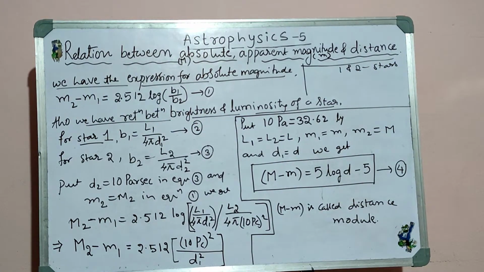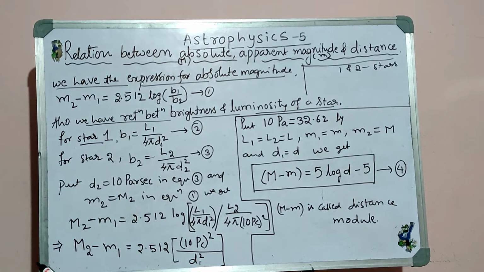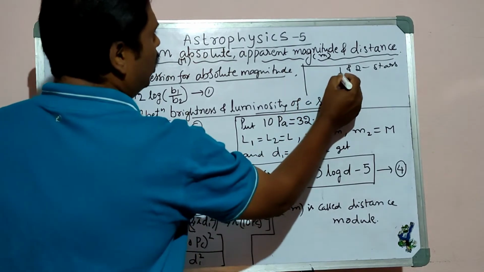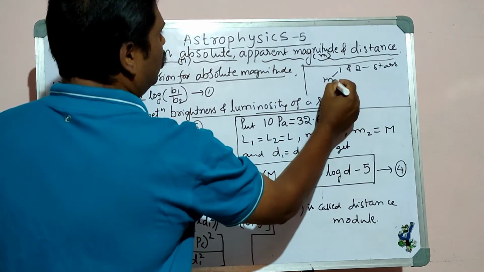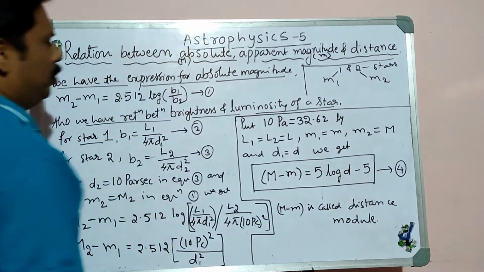Now we know that the absolute magnitude is represented by capital M and the apparent magnitude is represented by small m. Star 1 has the apparent magnitude m1 and star 2 has the apparent magnitude m2.